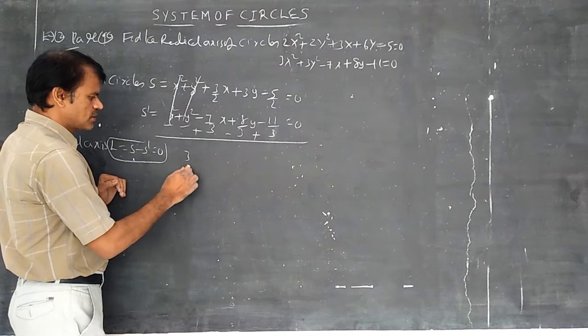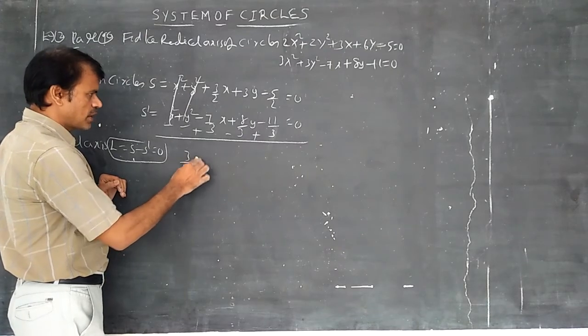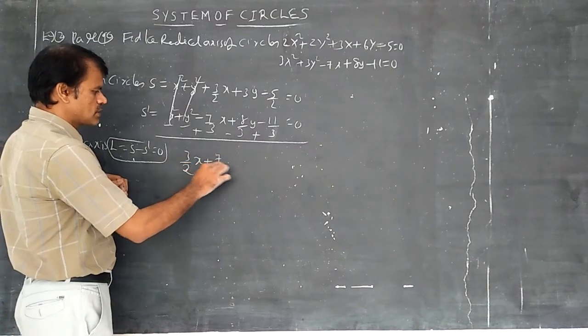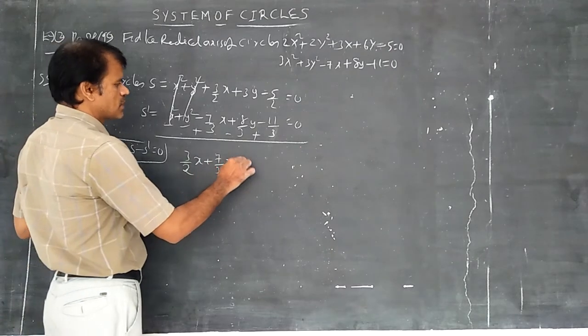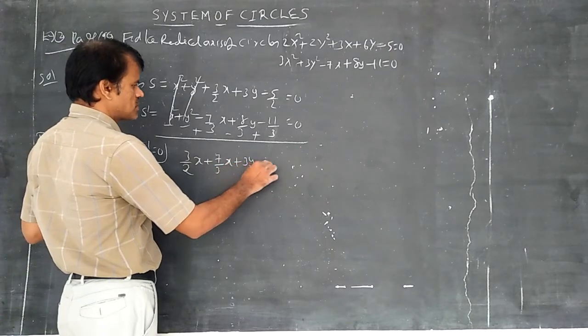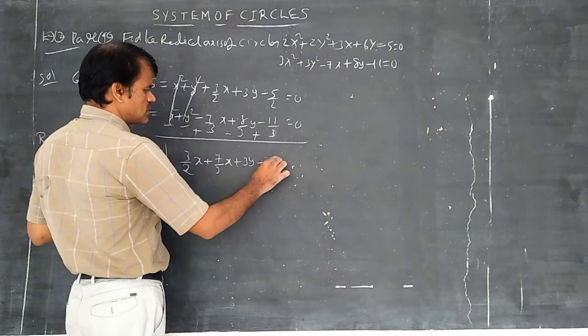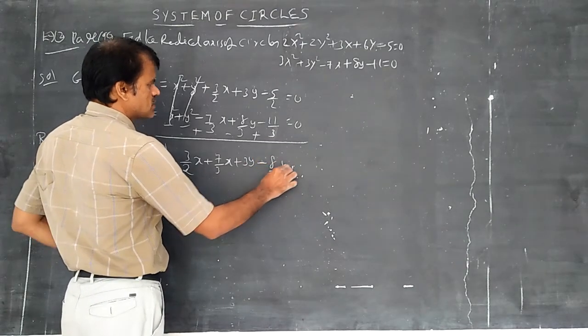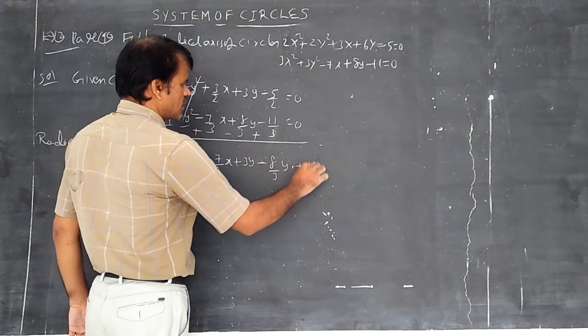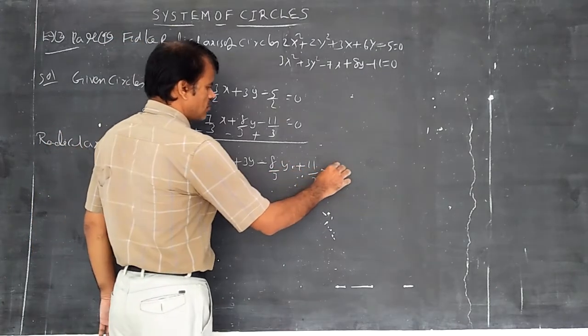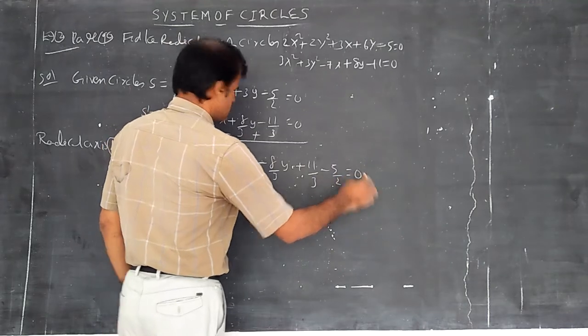We can write 3 by 2 x plus 7 by 3 x plus 3 minus 8 by 3 y plus 11 by 3 minus 5 by 2 equal to 0.